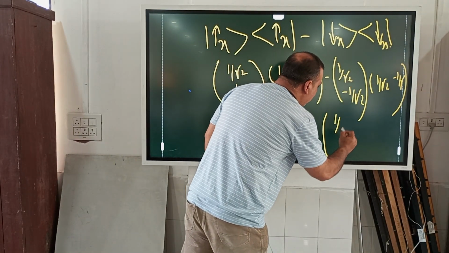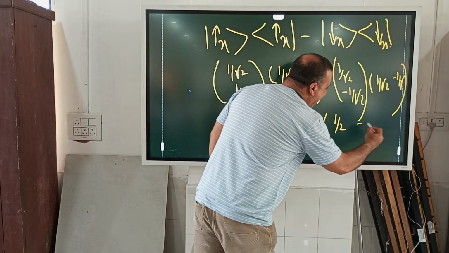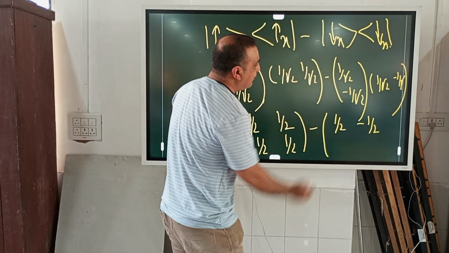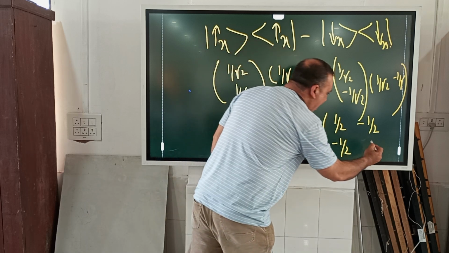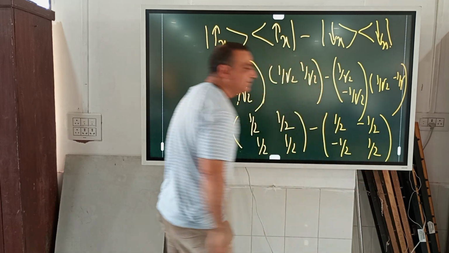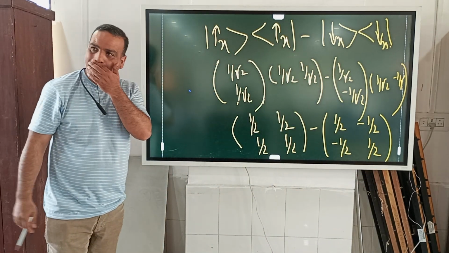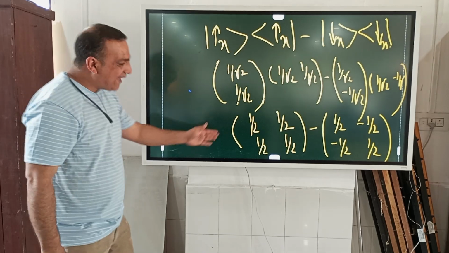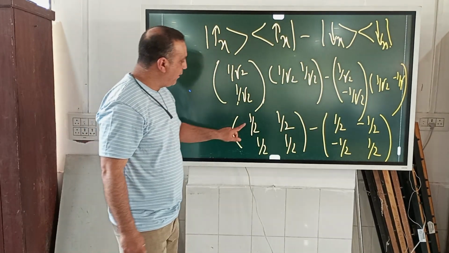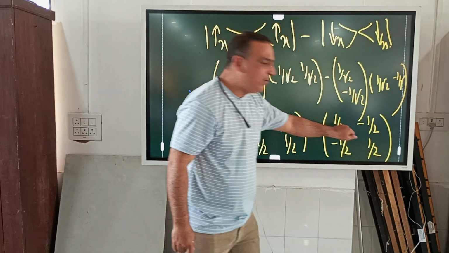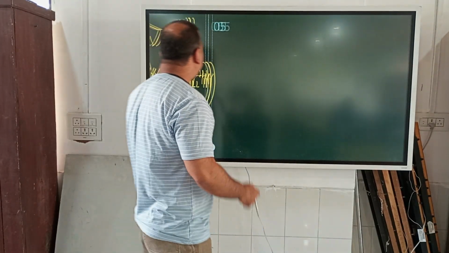You will have 1 by 2, then minus 1 by 2, then minus 1 by 2, and then 1 by 2. Clear? Now what I have to do is to subtract the two matrices. 1 by 2 minus 1 by 2 will give me 0.